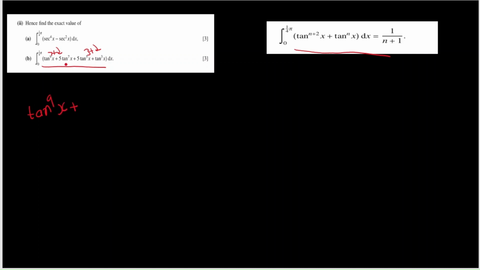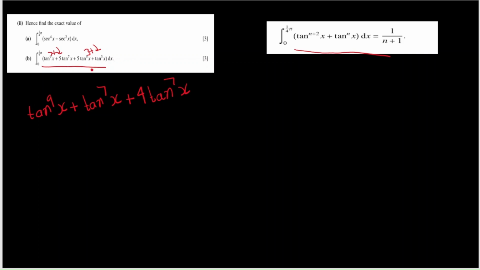So I'm going to break this down into tan 7x. I'm going to break 5 tan 7x into tan 7x plus 4 tan 7x. So if I add this, I'm going to get 5 tan 7x, but I've split it up. You're going to realize why I'm doing this.